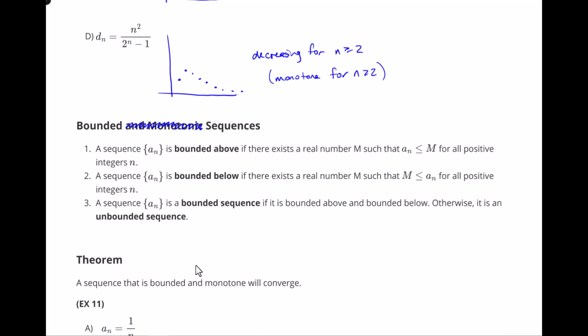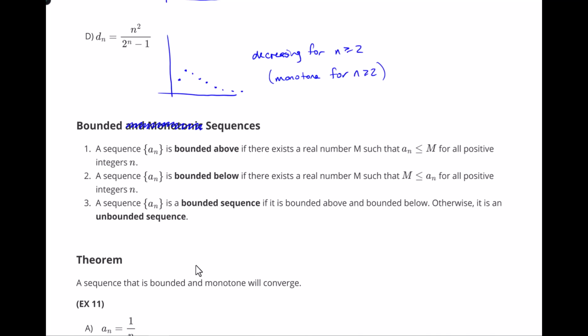A sequence is bounded above if there exists a real number m such that a sub n is less than or equal to m for all positive integers n. And it's bounded below if there exists a real number m such that m is less than or equal to a sub n for all positive integers n. And then we say it's bounded if it's both bounded above and below. Otherwise, it's an unbounded sequence.